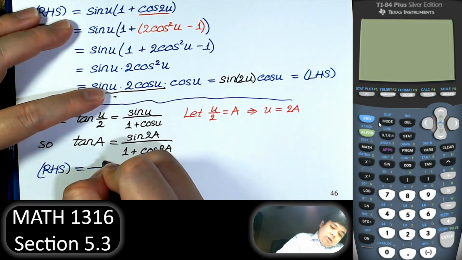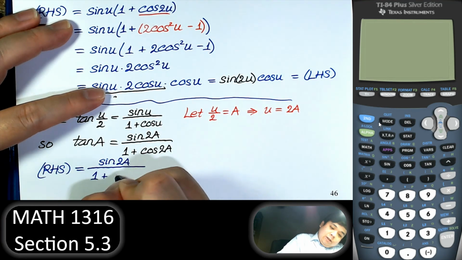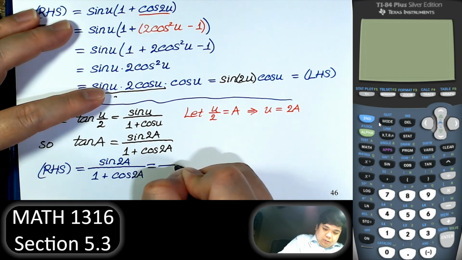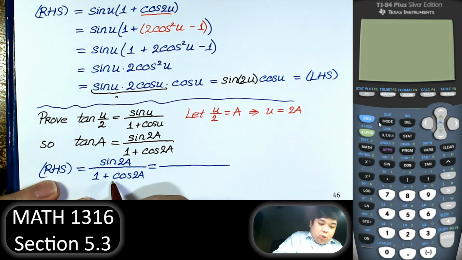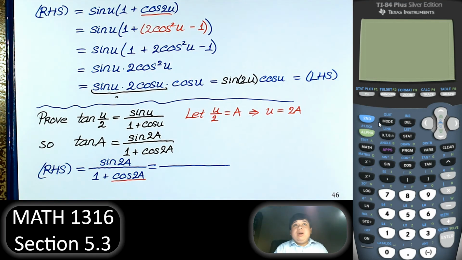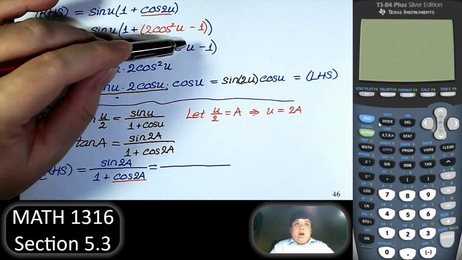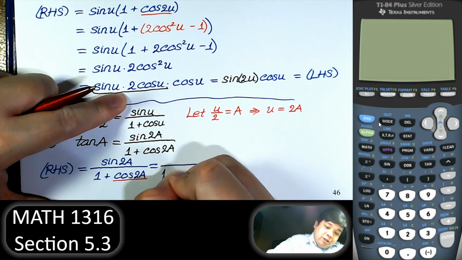Now sine of 2a. Now we have the double angle for cosine. So which one do we use? So very similar to the previous problem. If we write this as 2 cosine squared minus 1, the plus 1 minus 1 will cancel out. So that conveniently cancels out.